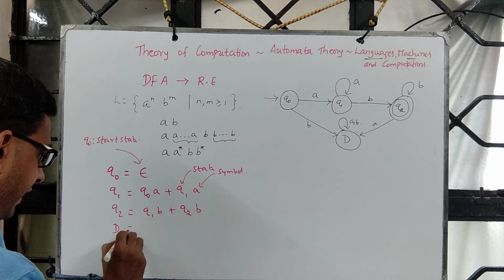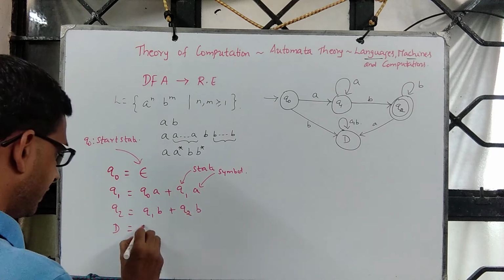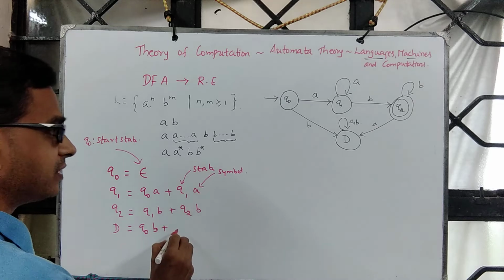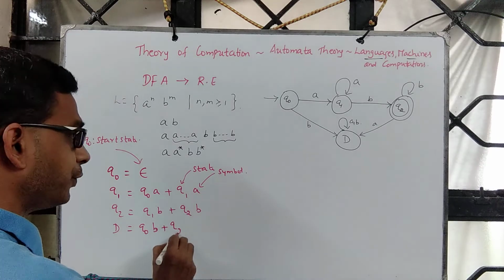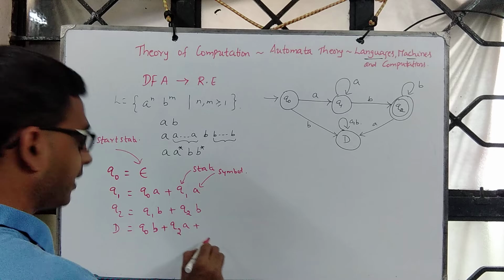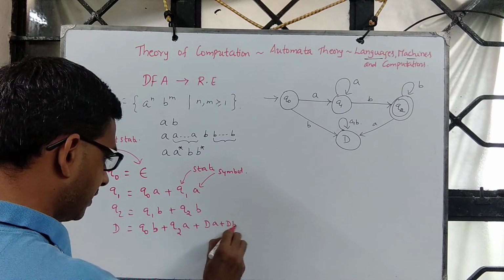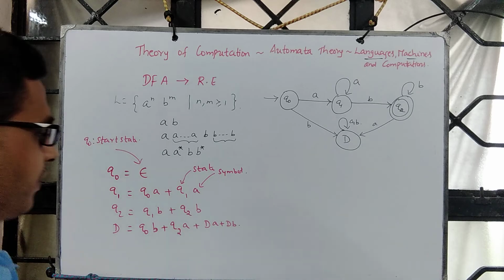D is also a state. With respect to D, it is Q0 B plus Q2 A plus dA plus dB. Okay.